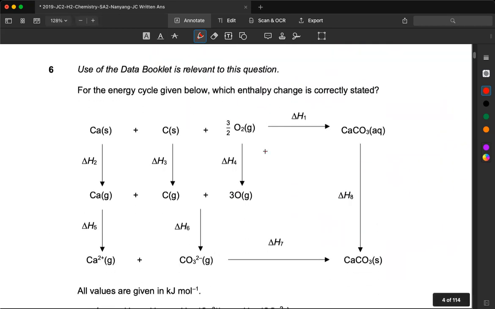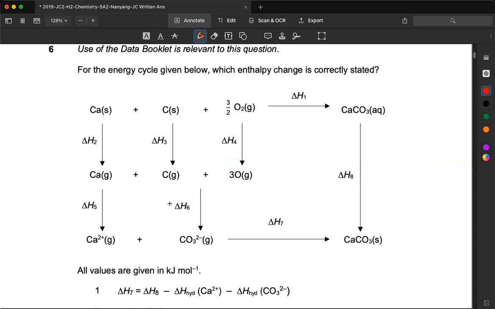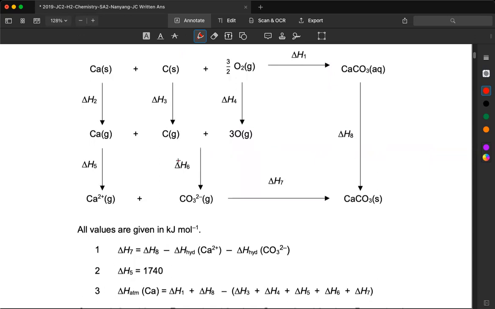The next question: for the energy cycle given below, which enthalpy change is correctly stated? This question tests how well you know the definitions of the different enthalpy changes, and you need to refer to the data booklet to find some values. So look at statement 1.